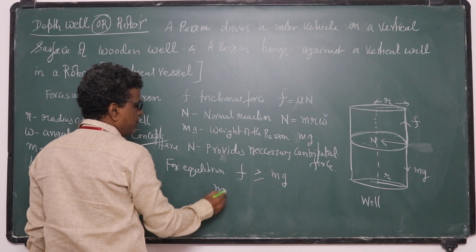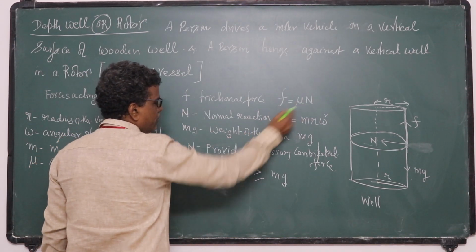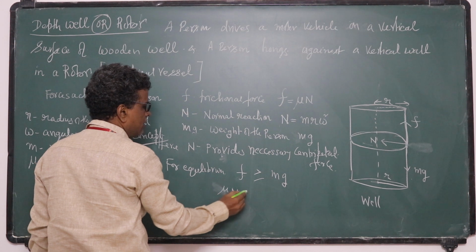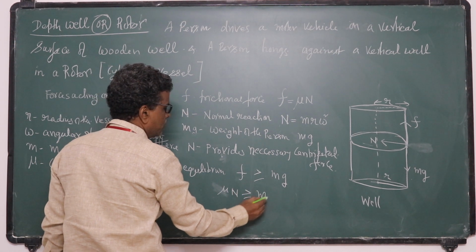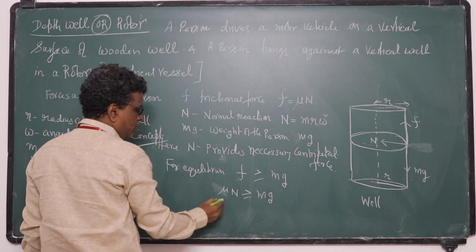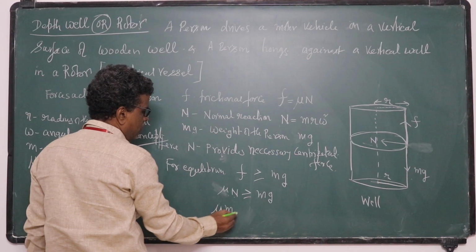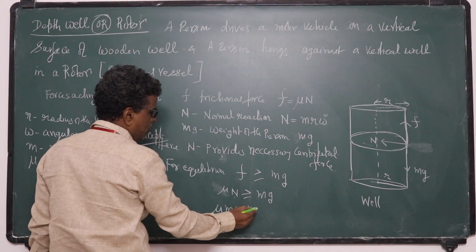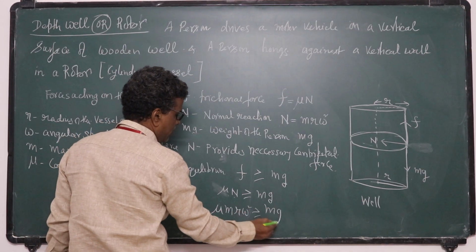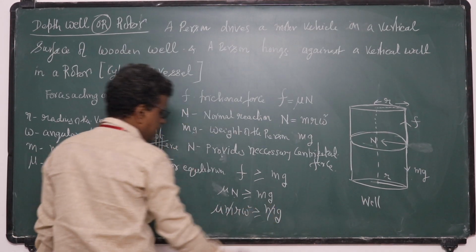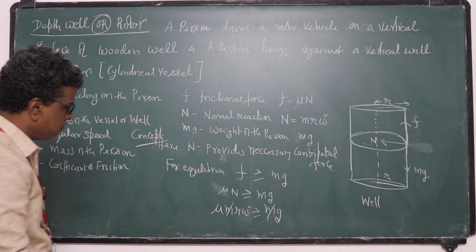So F is mu N, so mu N is greater than or equal to mg. Mu N is mu into what is N? m r omega square should be greater than or equal to mg. M gets cancelled, so it is independent of mass.